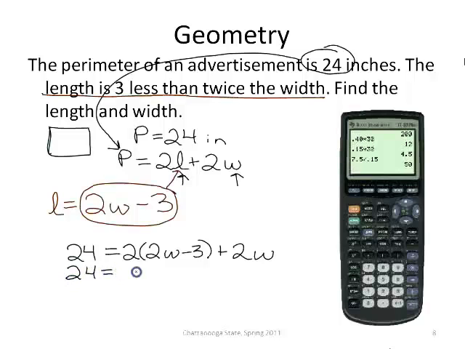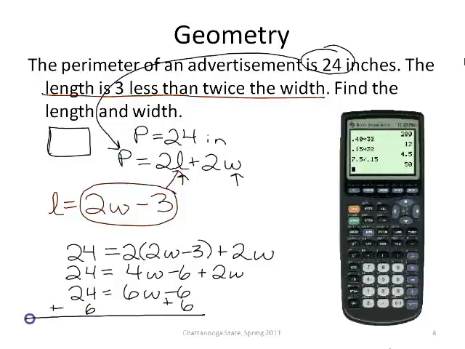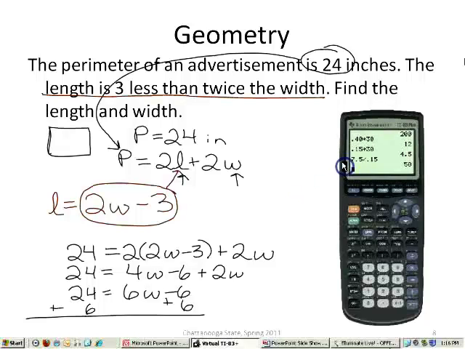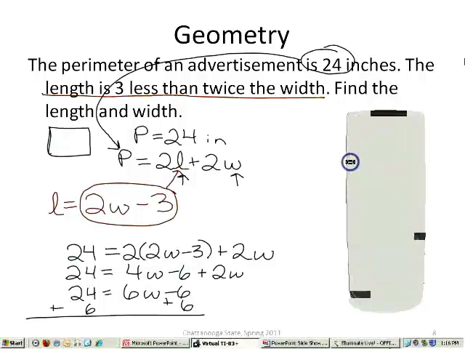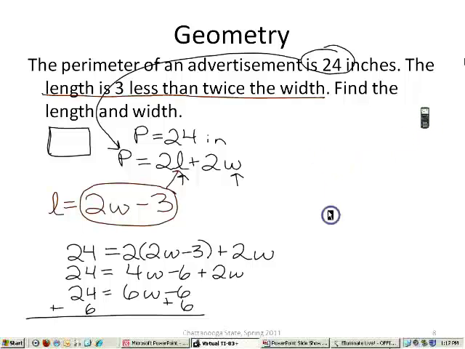So I'll solve this. This will give me 4W minus 6 plus another 2W. So I have 6W minus 6 when I collect my W's together. Then I'll have to add the 6 to both sides. So that's going to give me, I'm running out of room here, so let me shrink my calculator down.